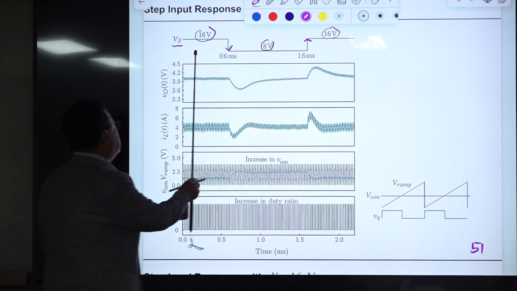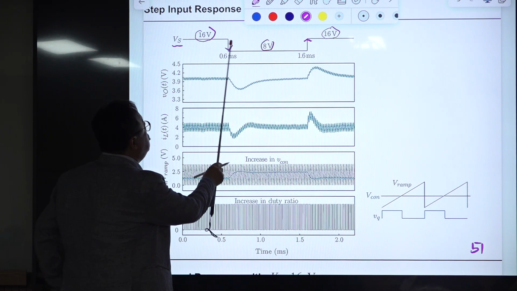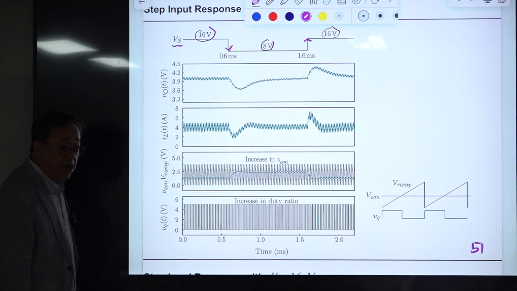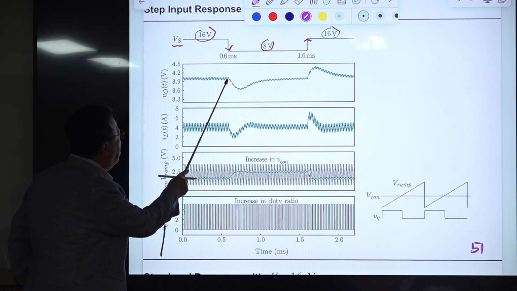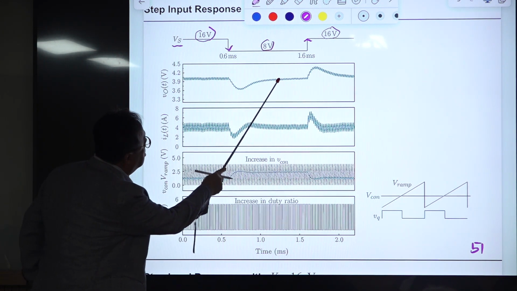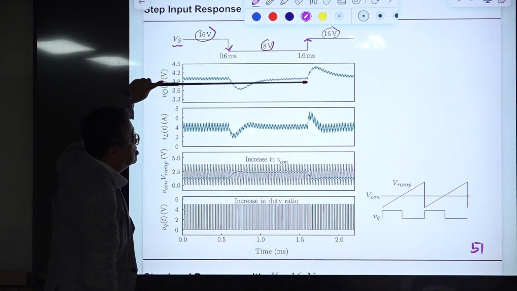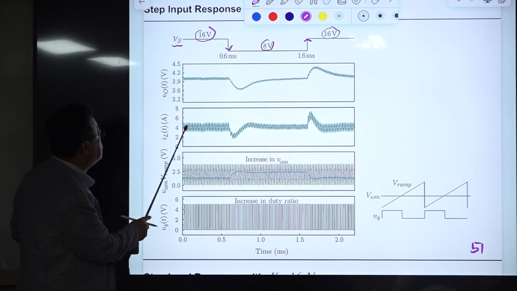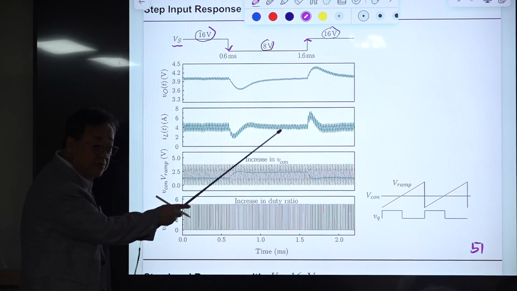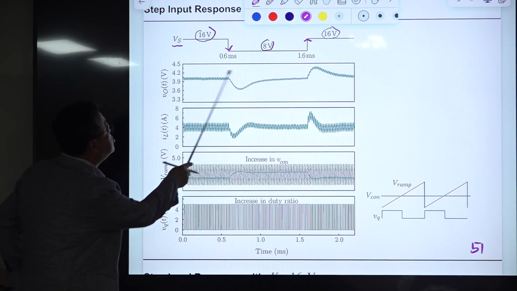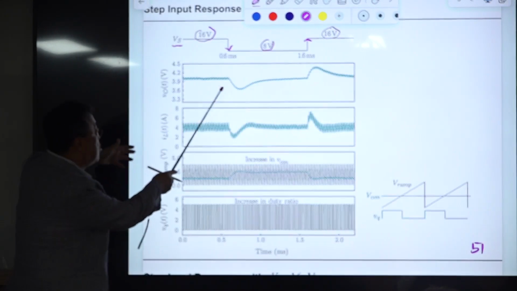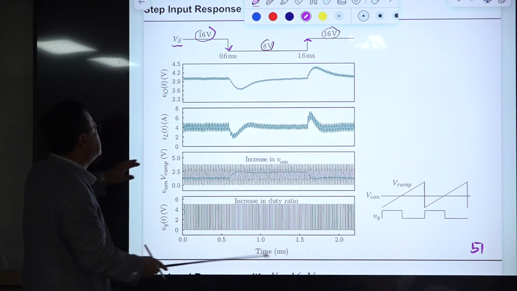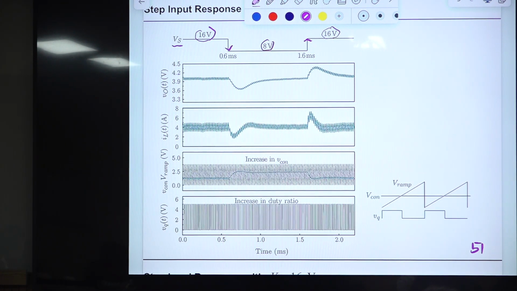And all of a sudden, this input voltage is reduced to half. What will happen is that at that moment the output voltage goes down and gradually recovers to the desired value in the steady state. And the inductor current is basically the same as this, because there is some transitional energy deficit. So it goes down a little bit, and the average value of the inductor current is the load current.